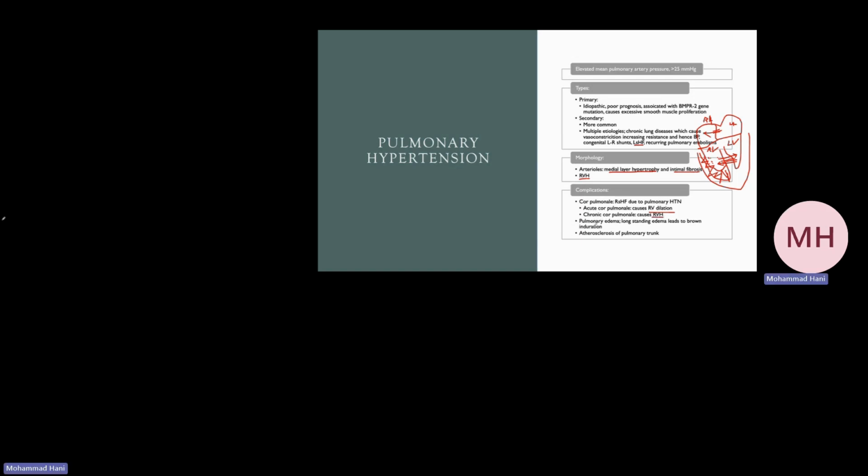You can also see pulmonary edema because of the increased pressure. It's going to cause increased fluid flow into the lung tissues. Long-standing edema leads to brown induration. Why?